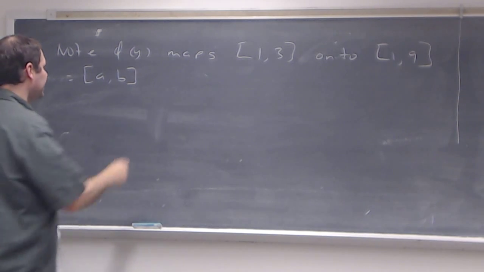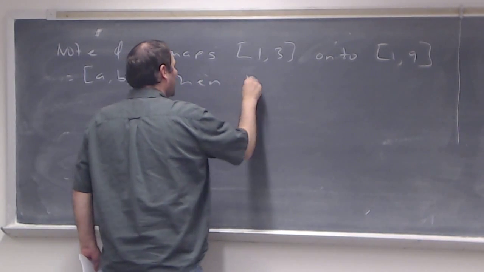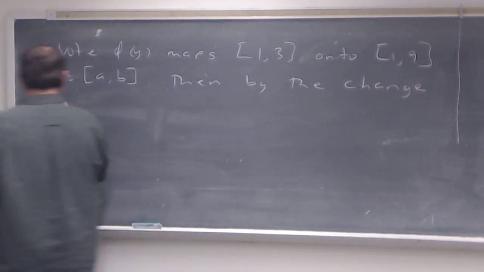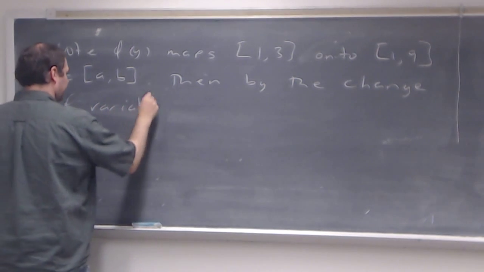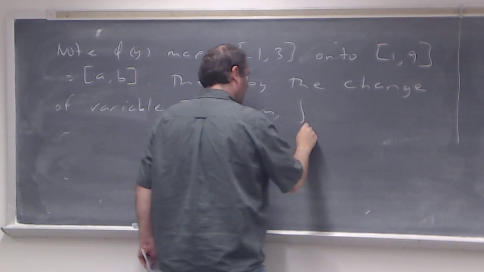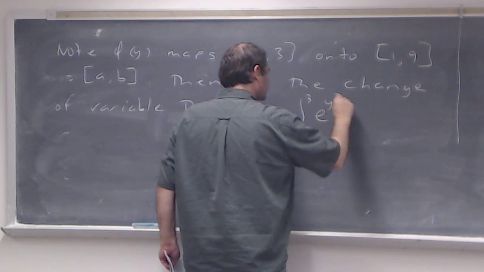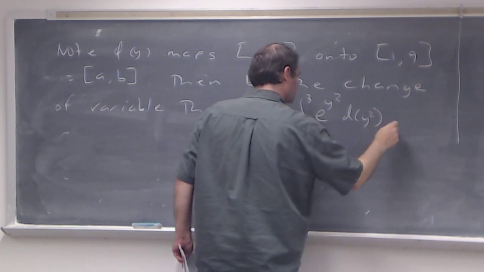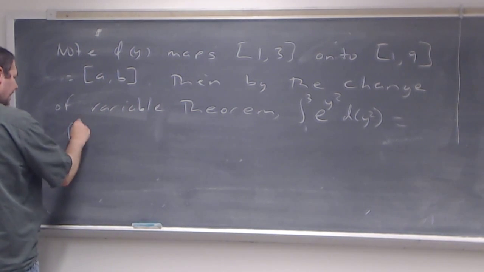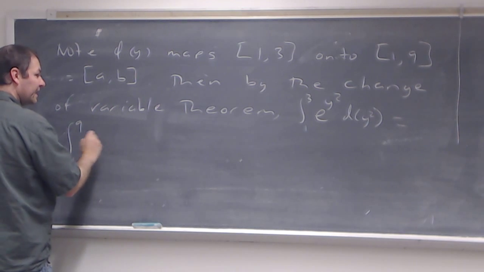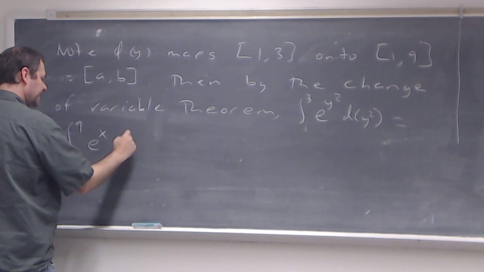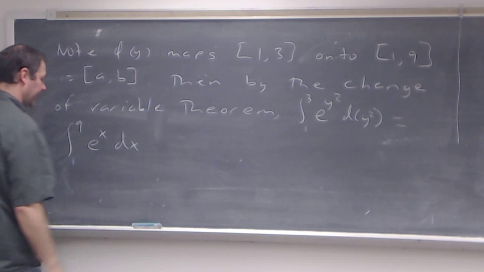Then, by the change of variable theorem, what we have is the integral from 1 to 3 of e to the y squared d of y squared will be equal to the integral from 1 to 9 of e to the x, and then d alpha is dx.